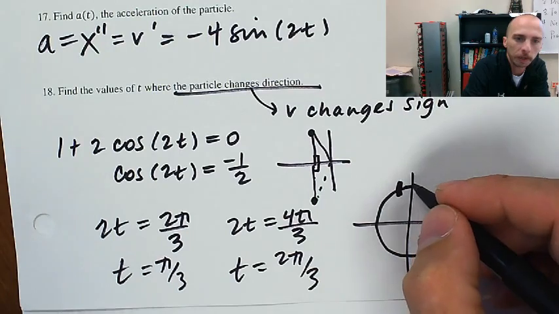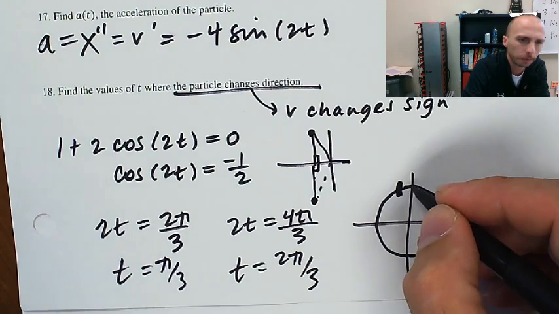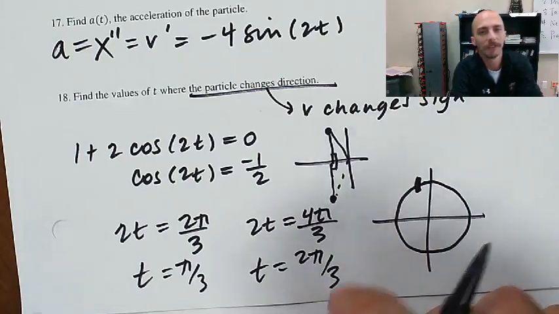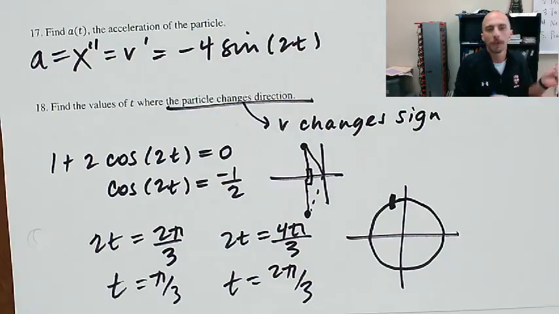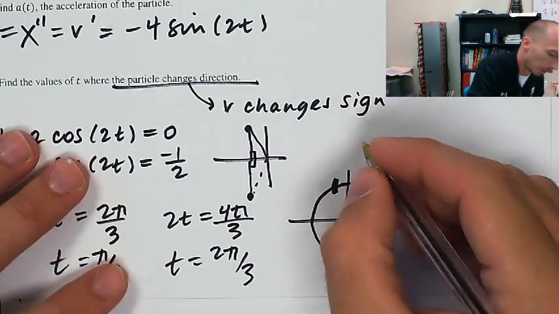So cosine is 0 over here, and 2 cosine of 2t, yeah, you're going to have to just believe me that it's a sign change. I could have gone a completely different direction, and if you're done with this problem, you're done with this video, feel free to just X out the window, right? But I feel like I should give a little more.